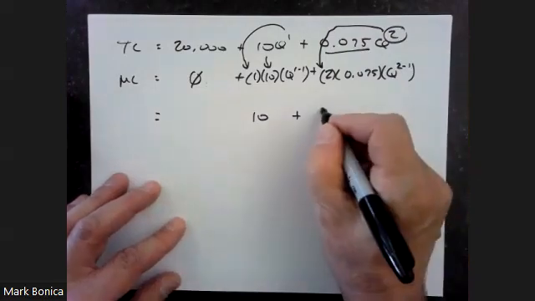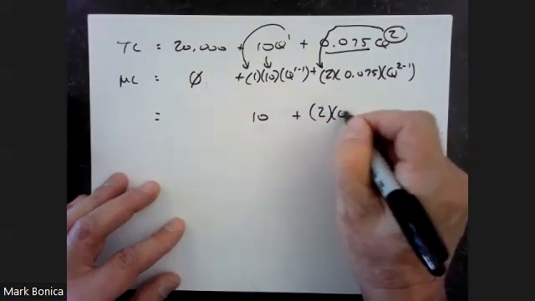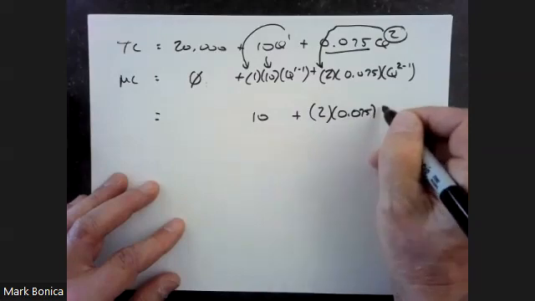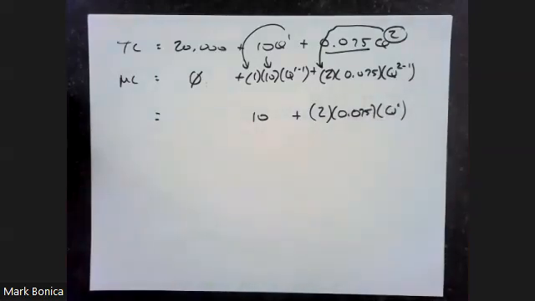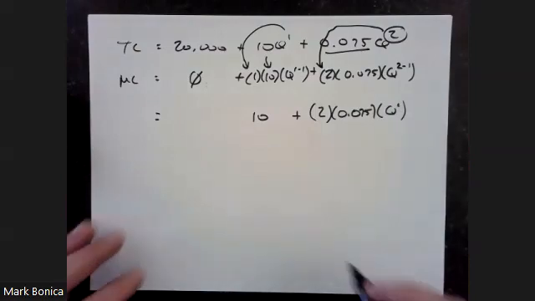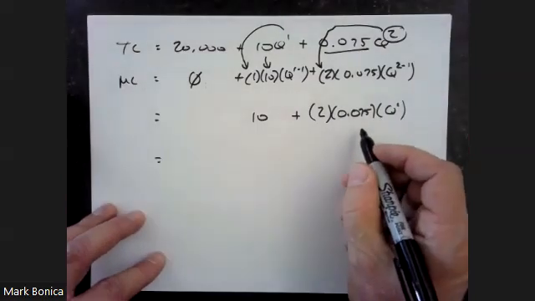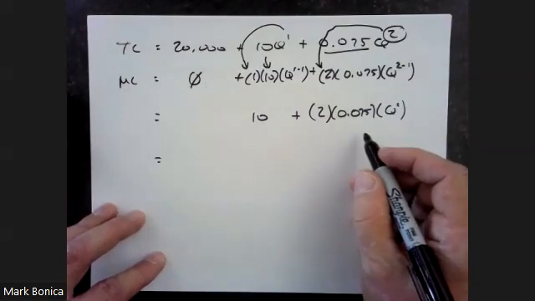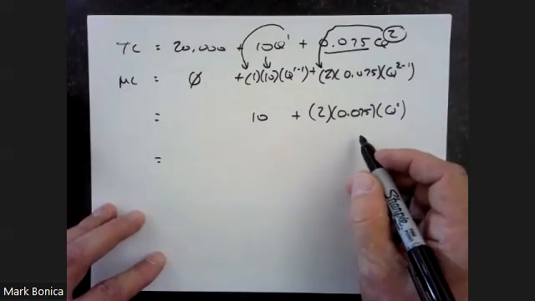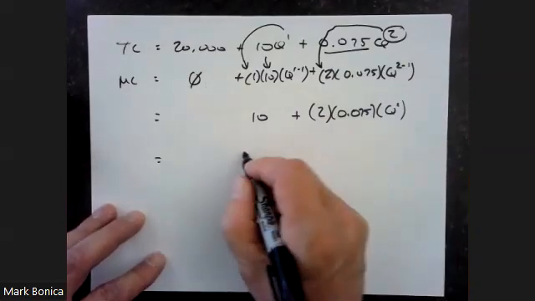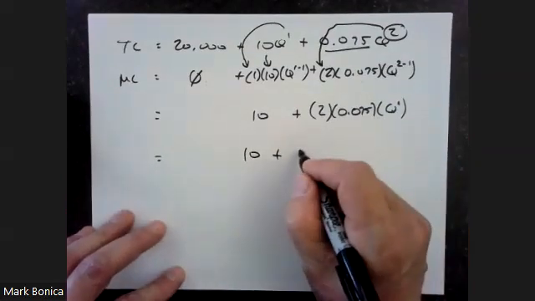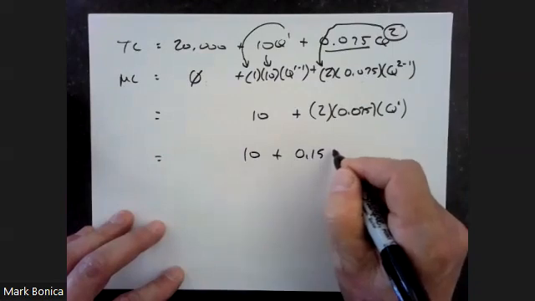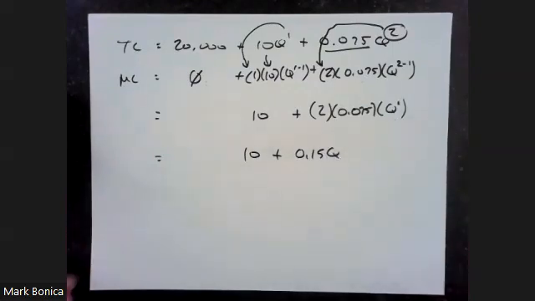So that's 2 times 0.075 times Q to the 1, which is just Q, right? So 2 times 0.075 is 0.15. So we get 10 plus 2 times 0.075, 0.15 times Q.